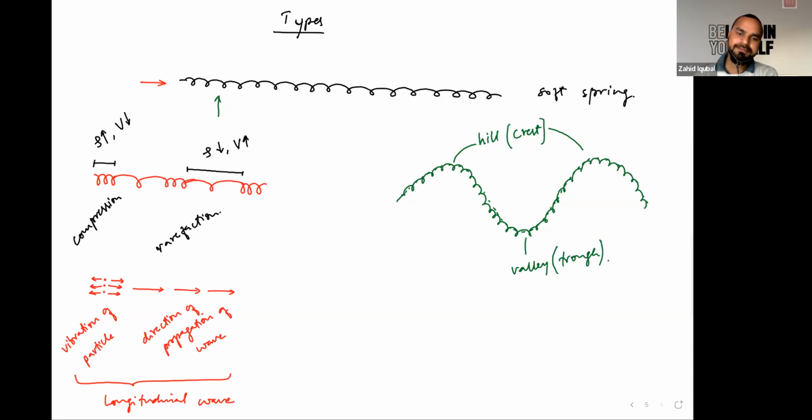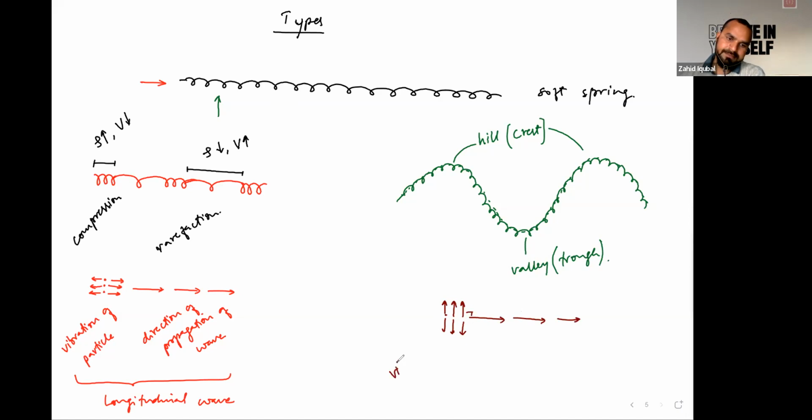In this part, particle is vibrating up and down, and propagation of wave is perpendicular to it.